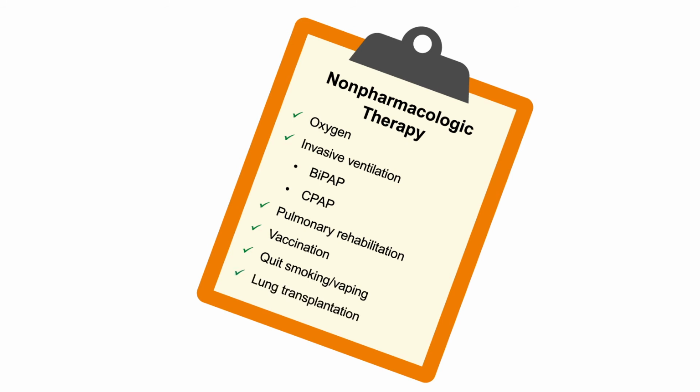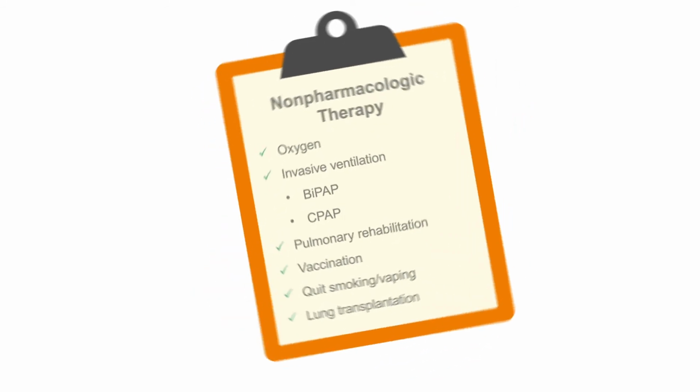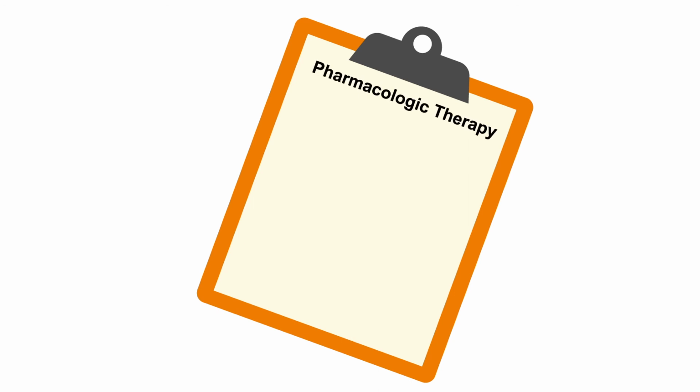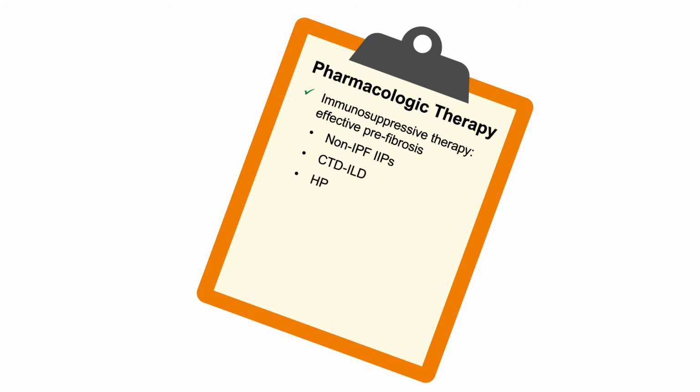That is an option. So when you think about pharmacologic therapy, you want to think about immunosuppressive therapy because it is effective early before fibrosis. It really is. And the disease course is really effective is in idiopathic interstitial pneumonias, non-IPF idiopathic interstitial pneumonias, CTD-ILD, and hypersensitivity pneumonitis, along with interstitial pneumonias with autoimmune features, which is essentially a CTD-ILD.